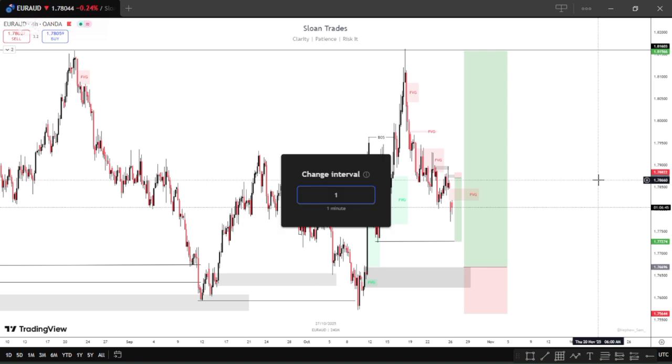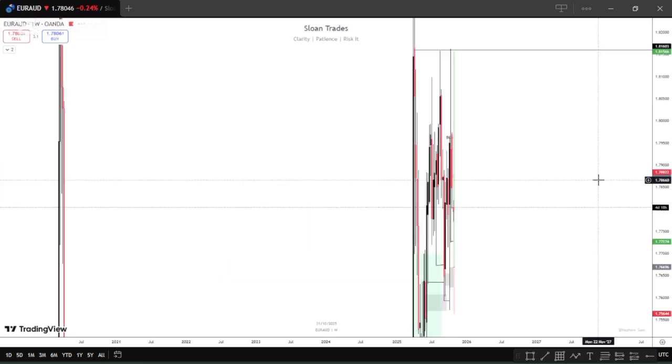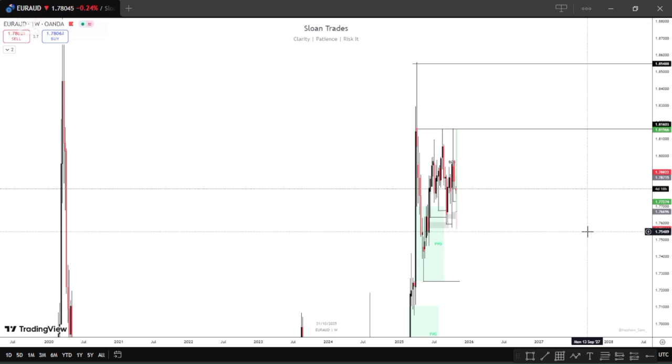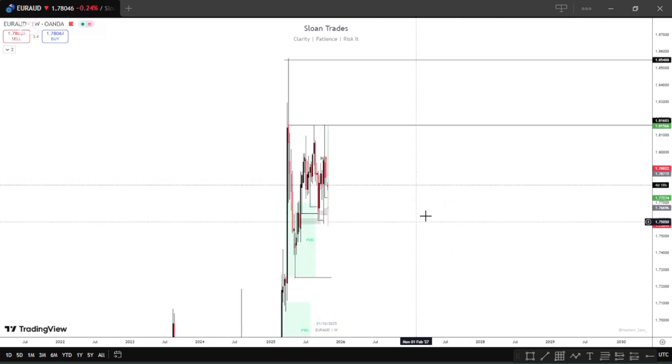In Euro AUD, we'll do exactly the same thing we did for the others. So just work with me as I analyze this particular pair, then we can proceed to the next. On a 1 week time frame, you can already see I've mapped out key levels that the market is probably going to mitigate, probably going to reach.